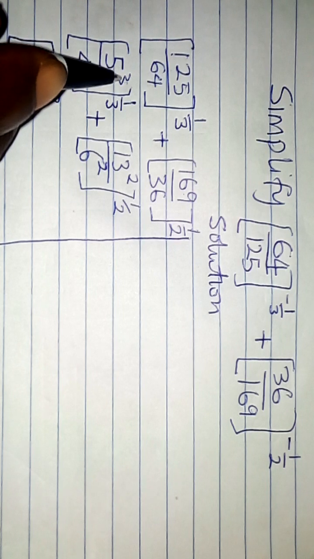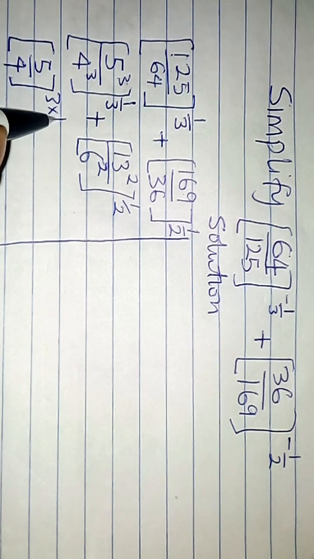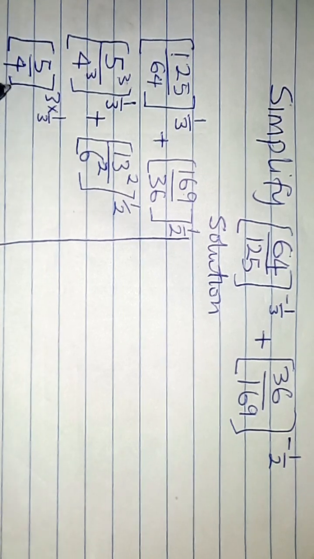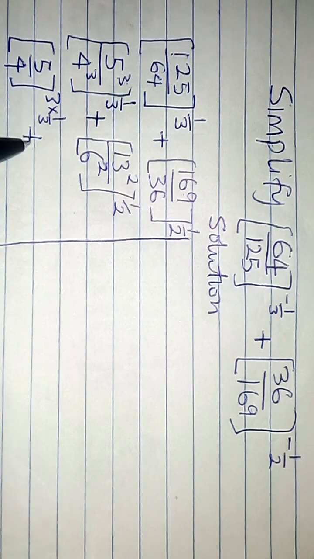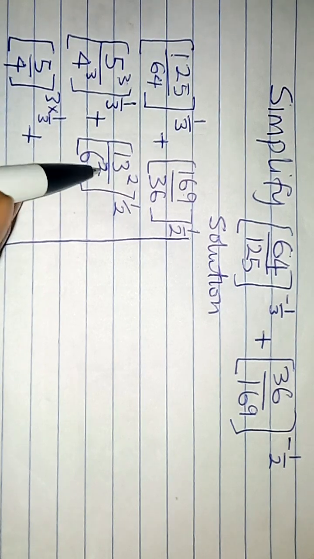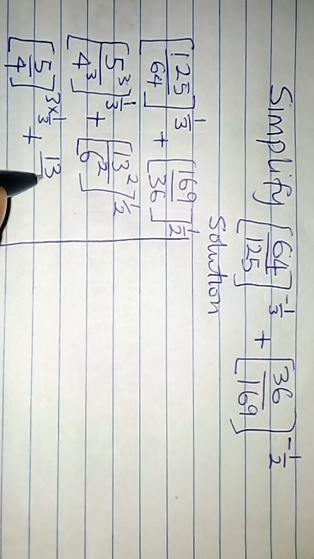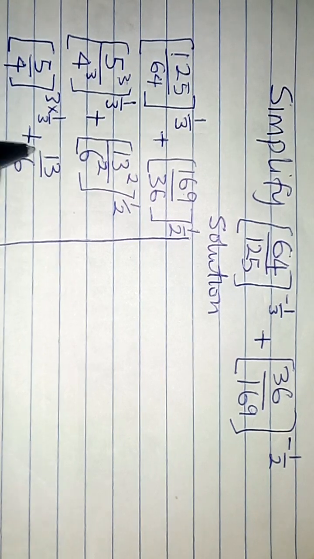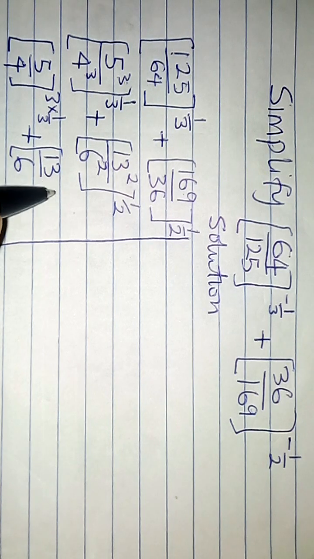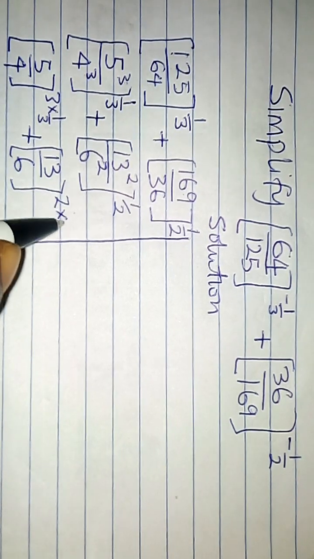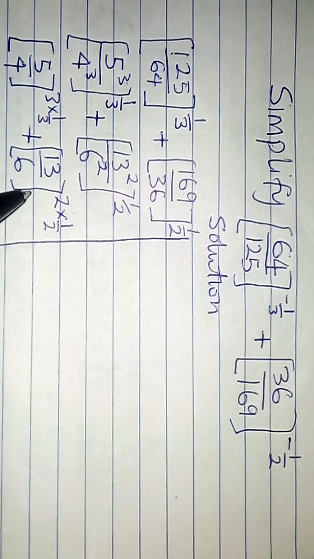Now this power that we bring out will be multiplying this other power here, plus the same thing here, since both powers are the same, so we are going to use one of it, 13 all over 6. So we bring down one of the powers, 2, which will be multiplying the 1 over 2 power.